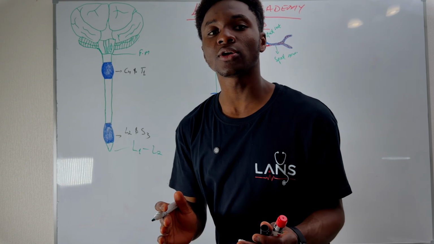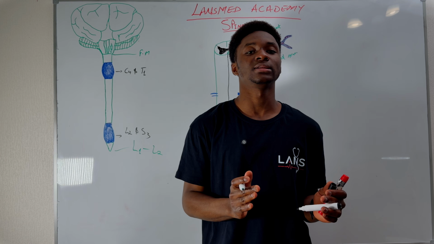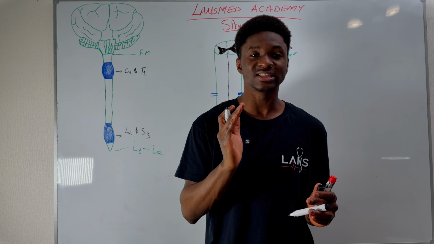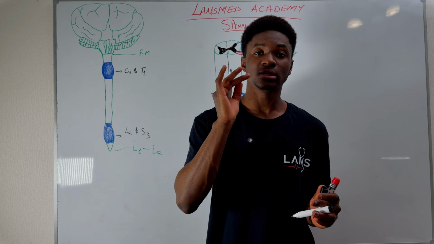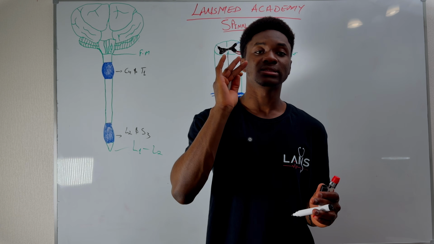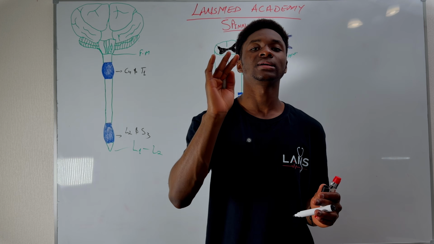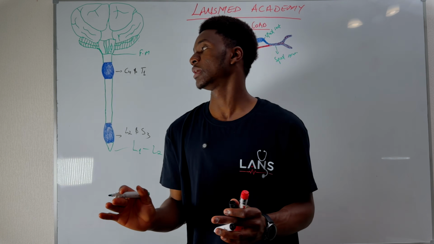So the spinal cord has 31 segments, and we have the cervical segment, the thoracic segment, the lumbar segment, the sacral segment, and the coccygeal segment.